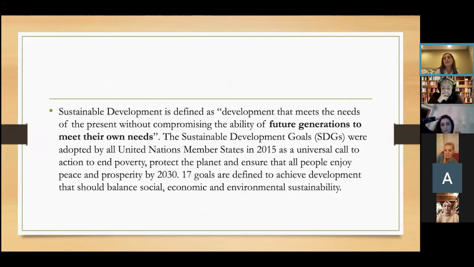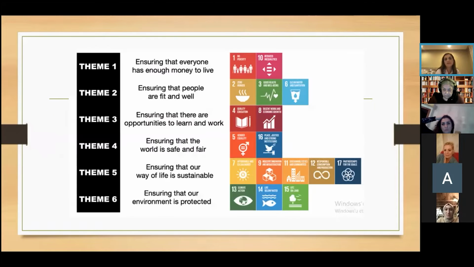The Sustainable Development Goals were adopted by all United Nations member states in 2015 as a universal call to action to end poverty, protect the planet, and ensure that all people enjoy peace and prosperity by 2030. 17 goals are defined to achieve development that should be balanced: social, economic, and environmental sustainability.